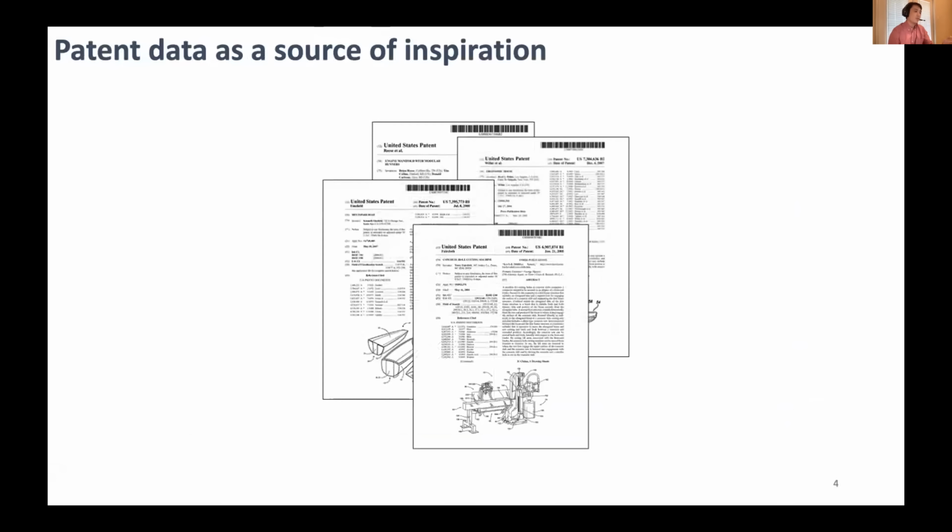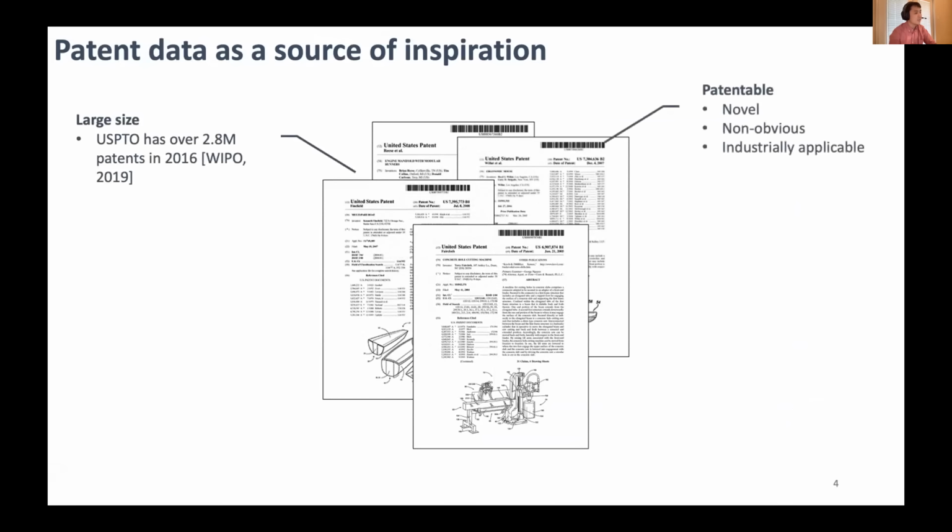Well, many DBA researchers chose the patent database as a source of analogical inspiration. It is a large and growing design repository. It contains designs that are patented, meaning that they are novel, non-obvious, and industrially applicable. Patents are structurally well-formed, with an abstract description and claims that contain the embedded design information.